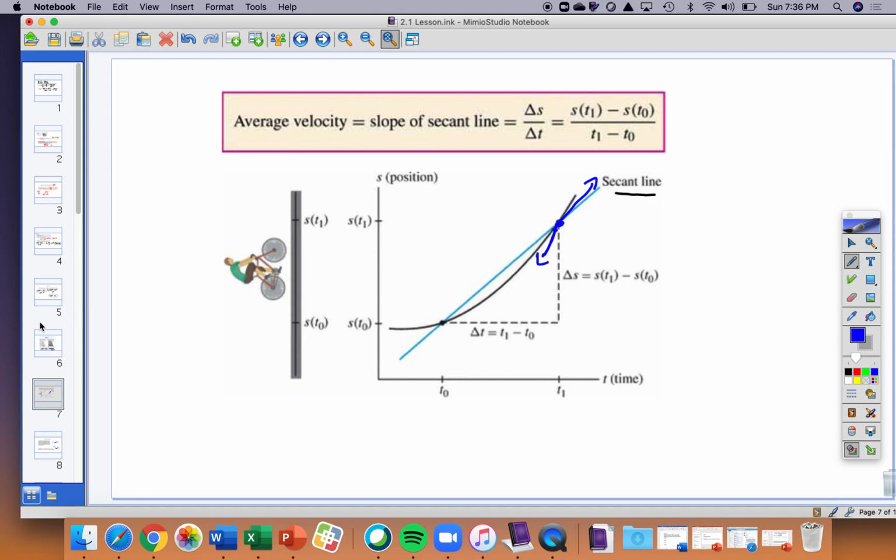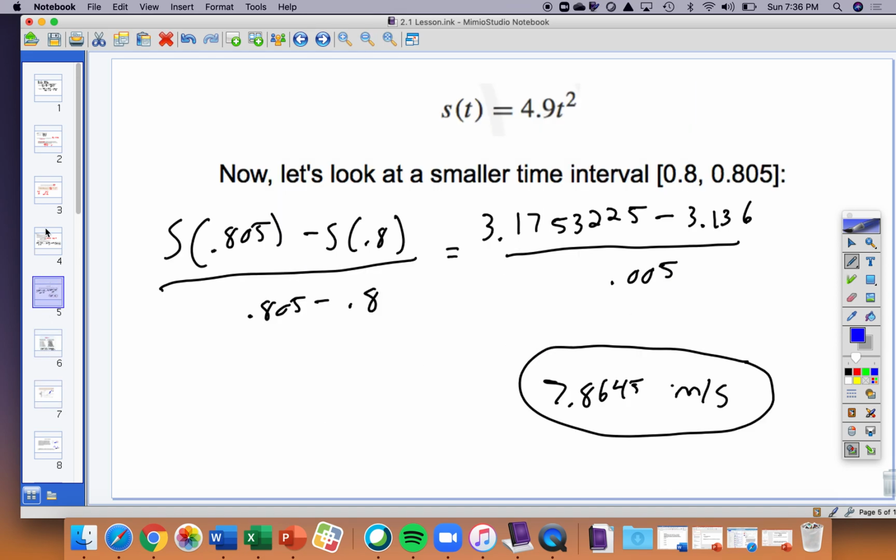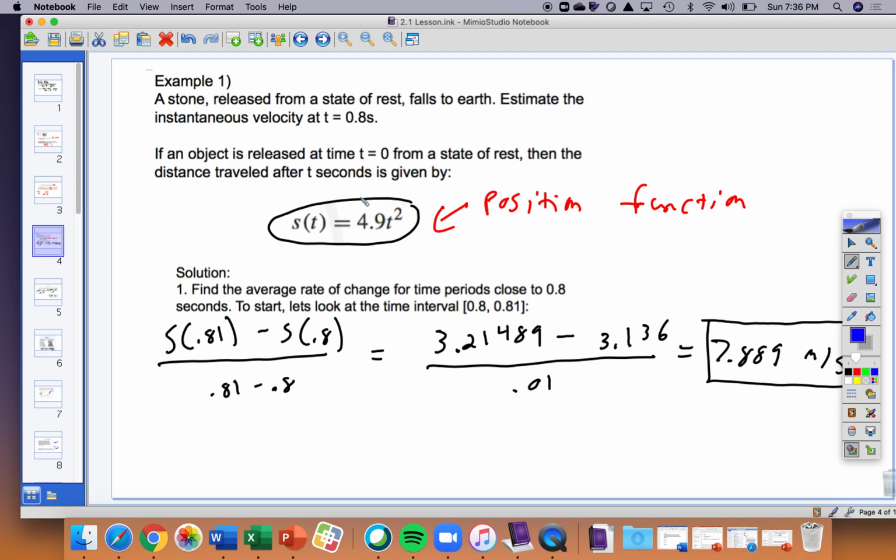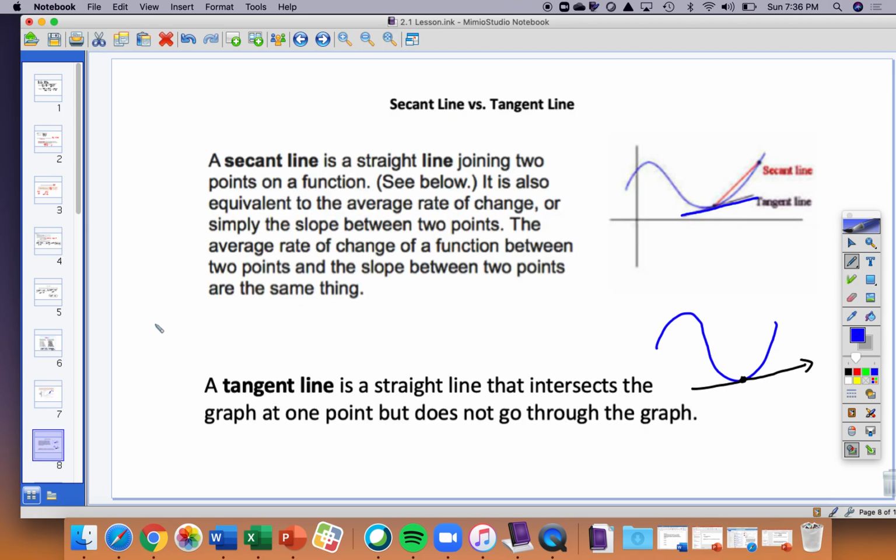We were finding essentially the slope of the tangent line at the x value of 0.8 seconds, because the slope of the tangent line is the instantaneous rate of change, also known as the instantaneous velocity. So we have secant lines and tangent lines. Secant lines, average rate of change.